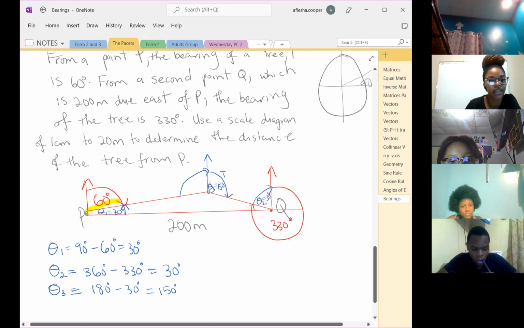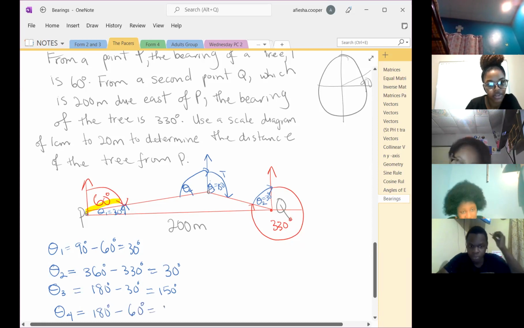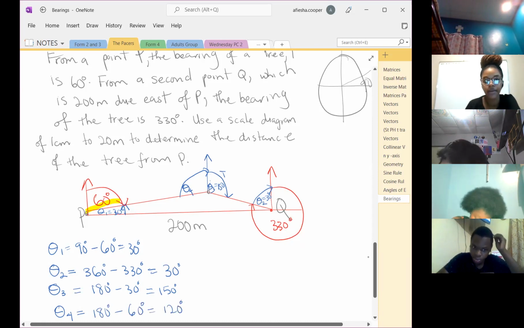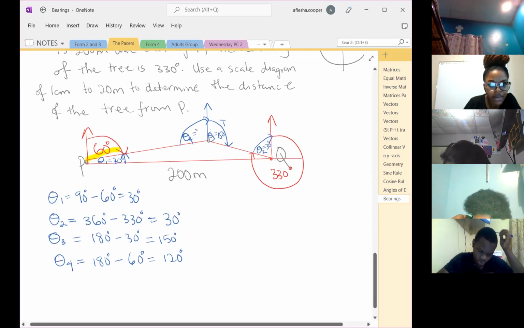How much is on this side? Theta 4. 180 minus 60, which is 120 degrees. Yeah? All right, so we have a lot. Because I have these two at the top, I can find this. How much is that?